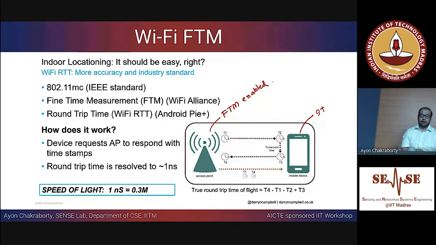Although some of these access points might claim that they are going to give you a very good resolution, that resolution cannot just be obtained as a function of bandwidth, because the bandwidth will still be 80 megahertz. Okay, and the 80 megahertz is going to determine the exact temporal resolution that you are going to achieve in the channel impulse response.